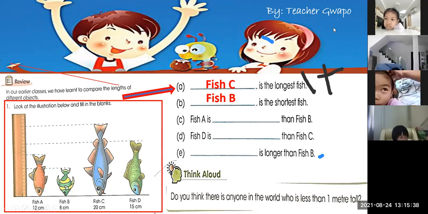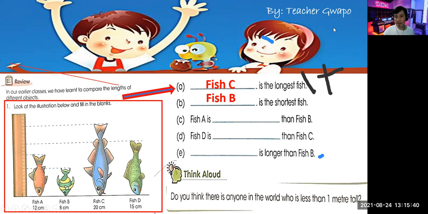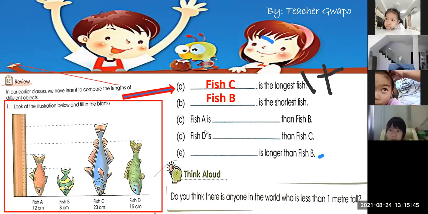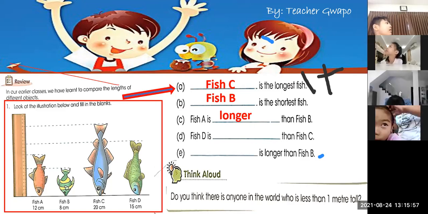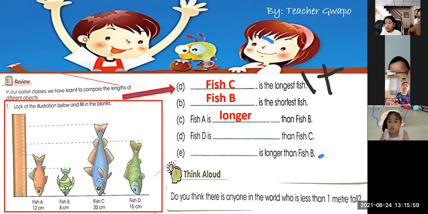Fish A is longer than fish B. Crit says that fish A is longer than fish B, and your answer is correct. Very good. Thank you, Crit.